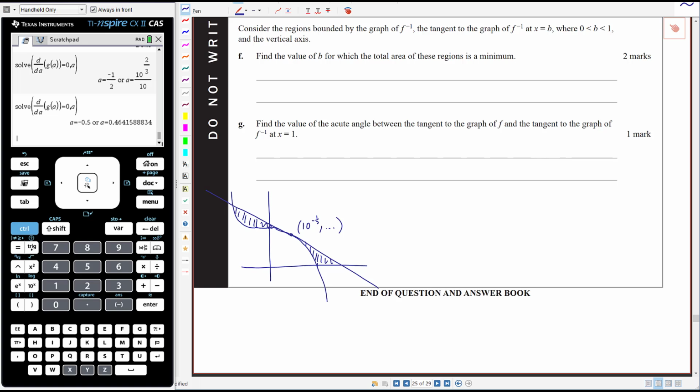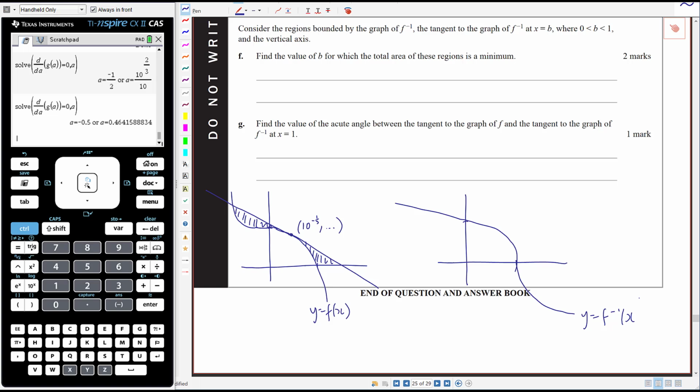So let's now think about the inverse of f. So this is y equals f. Okay, so the inverse of f is also going to go through 0, 1 and 1, 0. But the point of inflection is here now. So we've sort of got this kind of thing happening. It's going the other way. And we want to find, so that's our inverse of f.